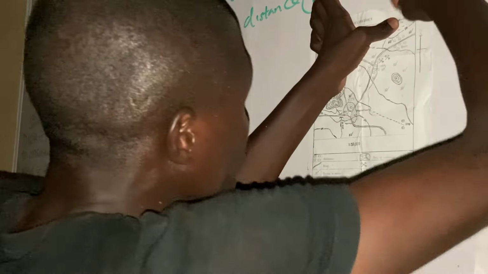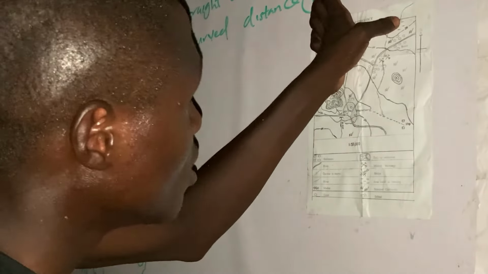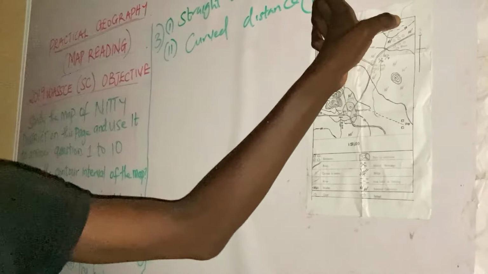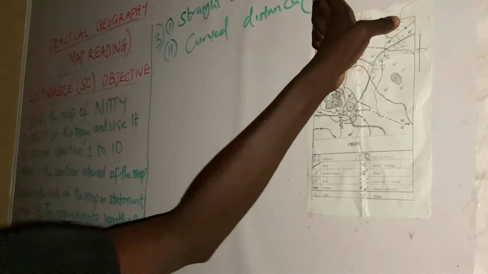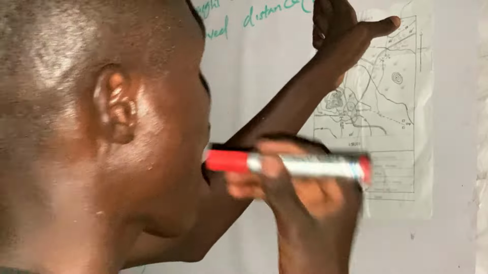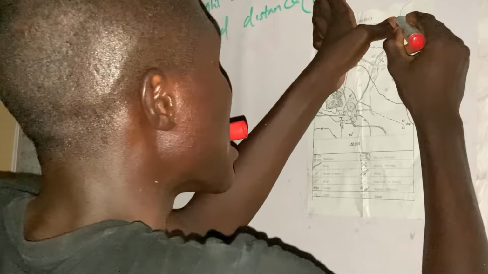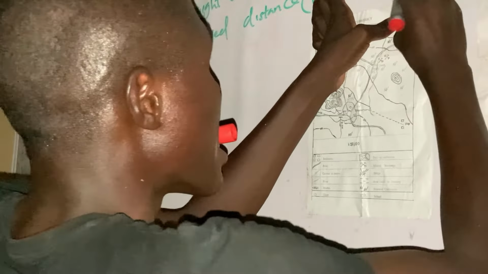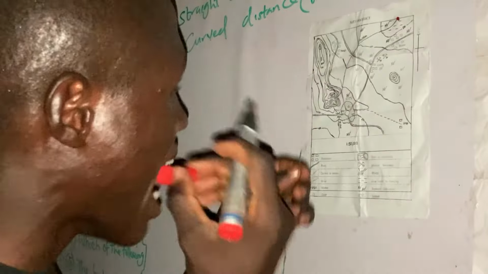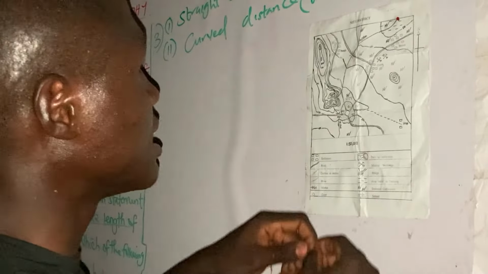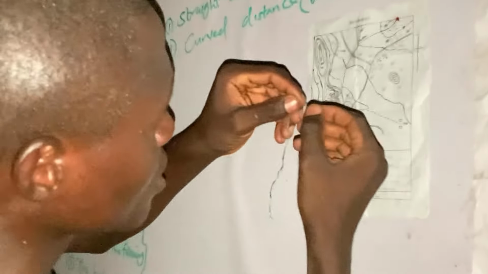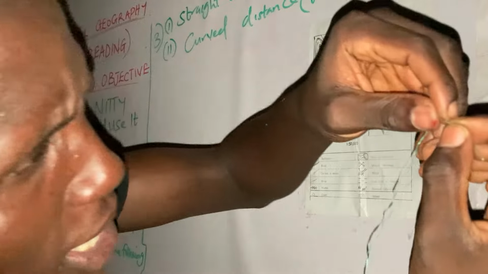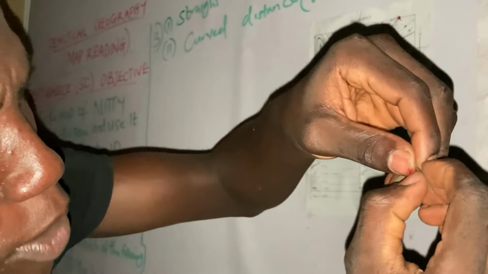Make sure that you mark it very clearly. After marking the point on your map, you can see I've marked it here, which is the red point here.